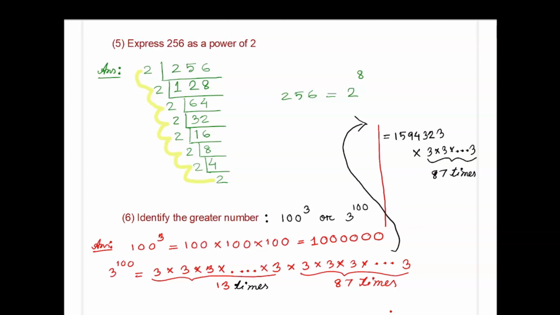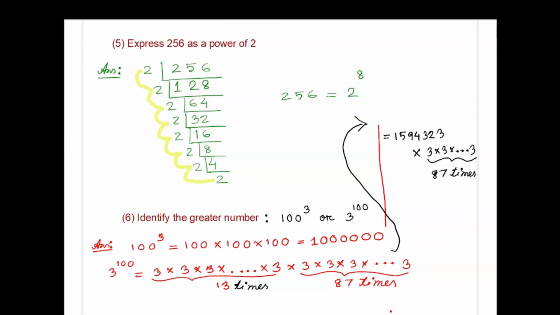Now look at here. After multiplying 100 three times, what answer are we getting? 10 lakhs. But when we multiply 3 13 times, what answer are we getting? 15 lakhs 94,323. So only by doing 13 times we are getting 15 lakhs, and here we are getting 10 lakhs, which is already greater.